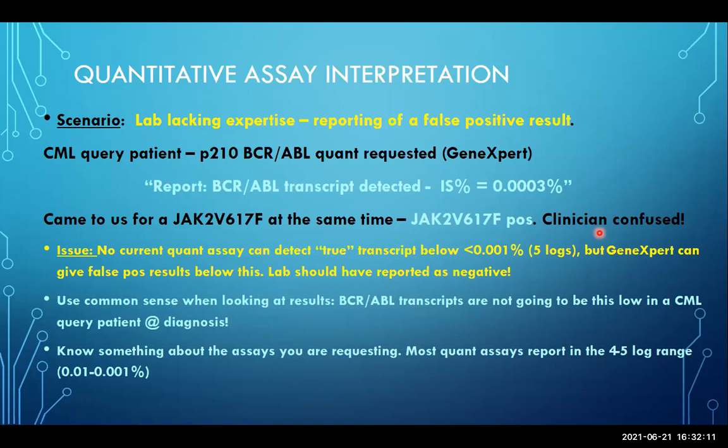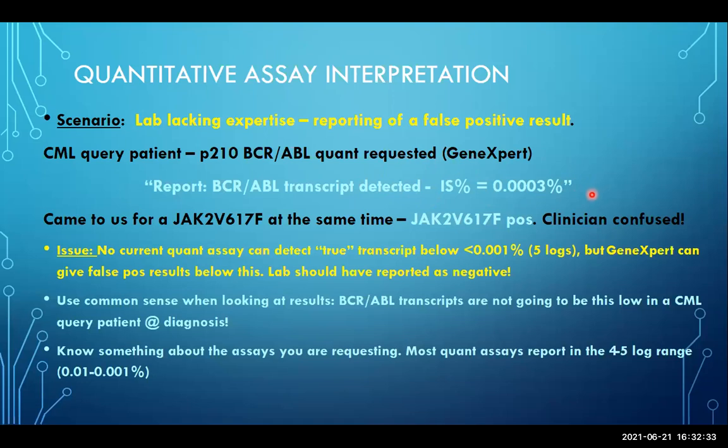It can be either way around, but it's highly unlikely at diagnosis in untreated patients that you're going to get positivity in both. But this is the kicker here: at diagnosis, you are not going to get a CML patient with that low level of BCR-ABL. That's just not going to happen.